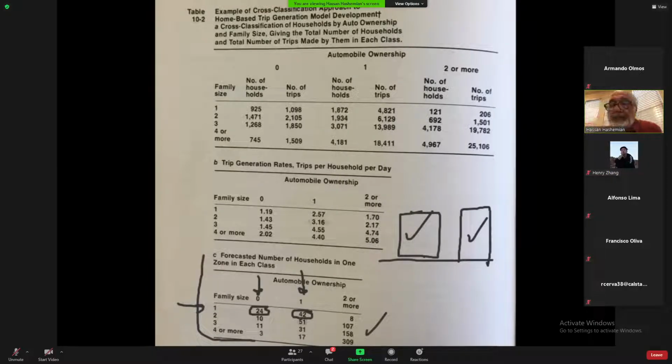So what's the answer? We have this forecasted table. How do I find the number of trips? These are the number of households. How do I find the number of trips?